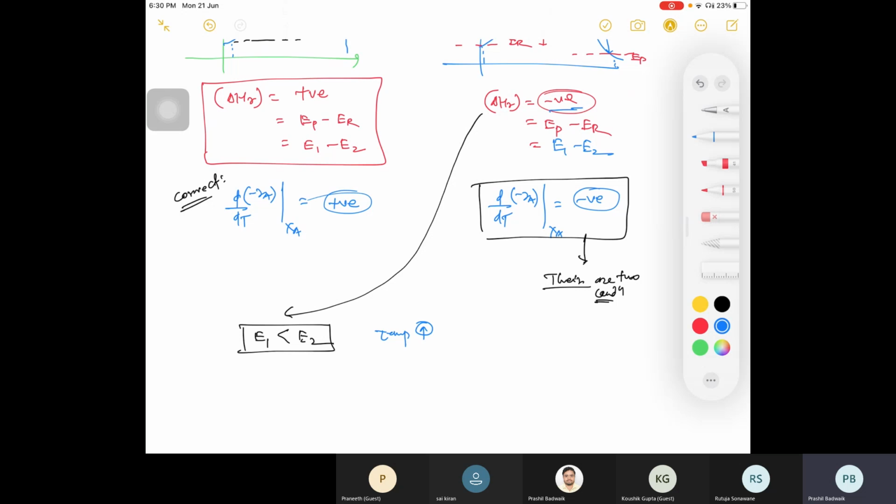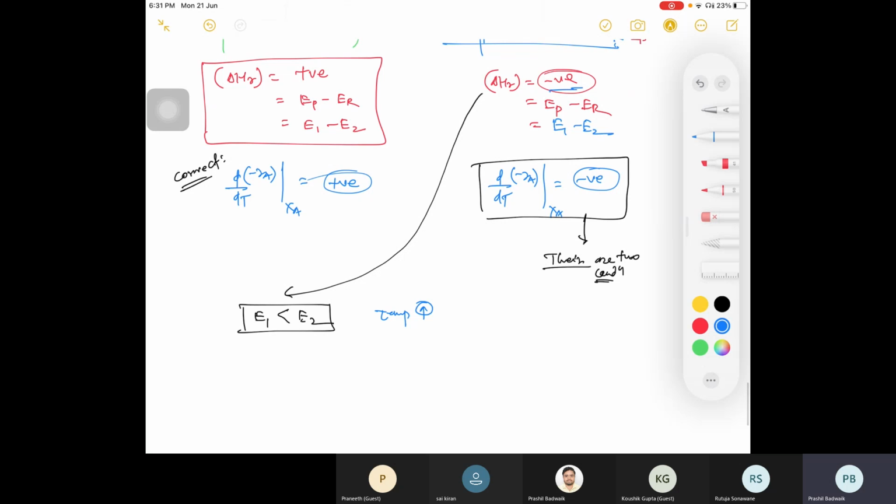So tell me, at low temperature, which will be more, E1 or E2, or which one will be favorable, R1 or R2? You know the Arrhenius equation.